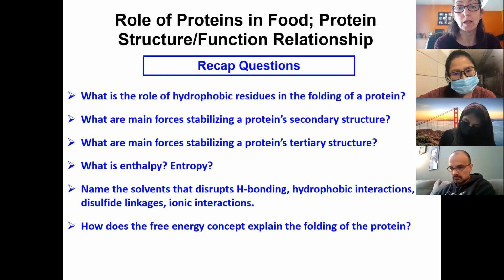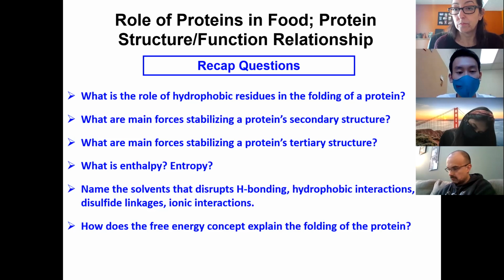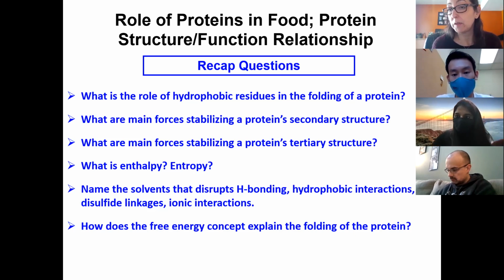What other forces take place in stabilizing a protein's tertiary structure? Disulfide linkages? Yes, it is the strongest bond. So if we have sulfide groups, if we have cysteine residues, yes, we form disulfide linkages. Not all proteins contain an abundance of cysteine, so not all proteins form disulfide linkages.